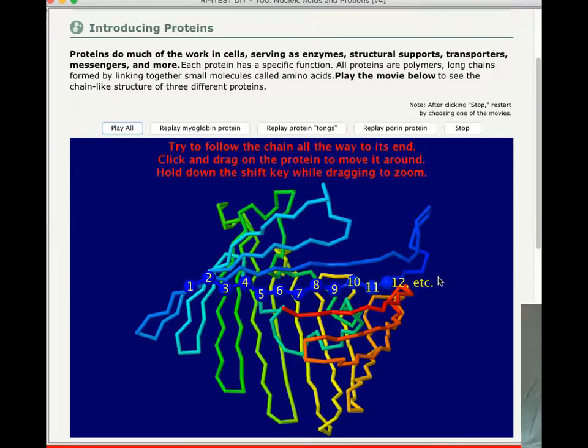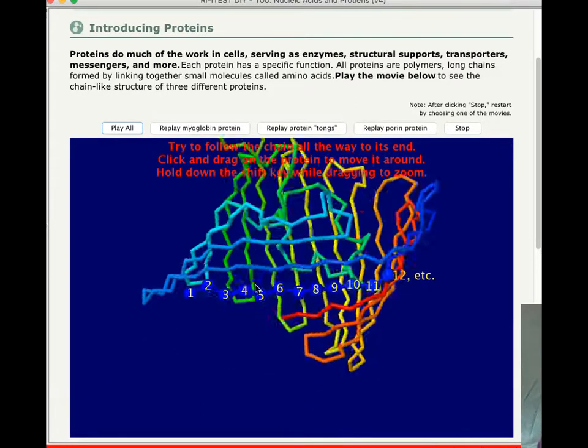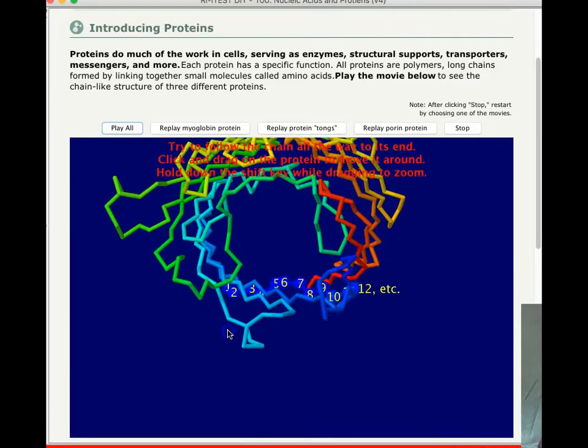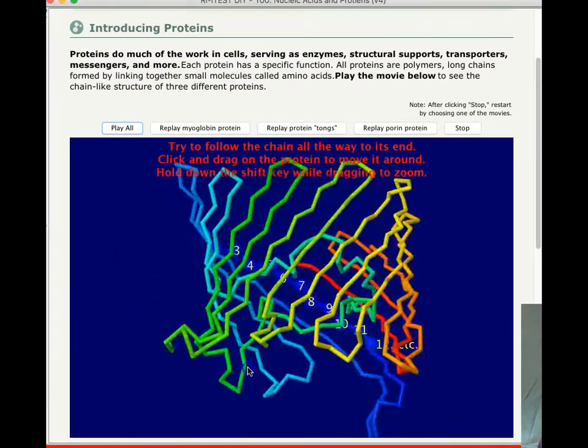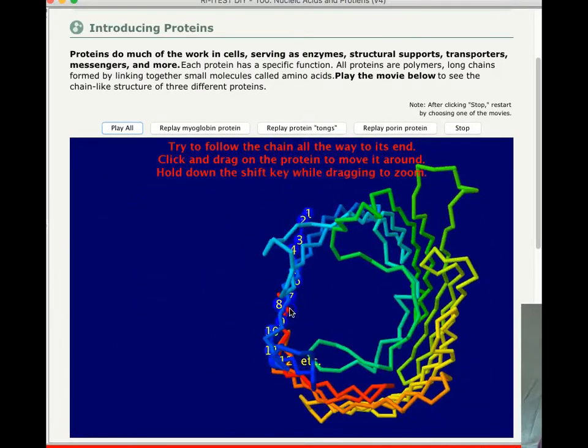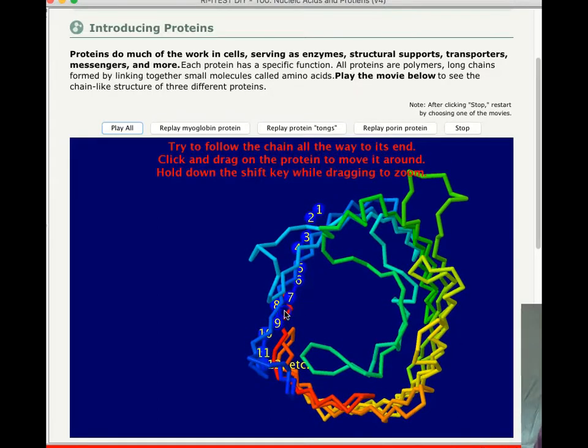There are 20 different amino acids that you can put together to make a protein chain. It would be like having a necklace with 20 different color beads, all with different shapes and sizes. So you can see porin has a hole in the middle because it's a pore, like a little pipe in the side of a bacterial wall.